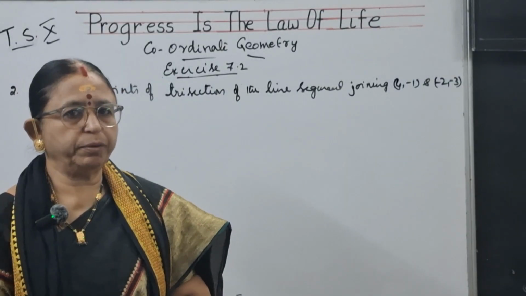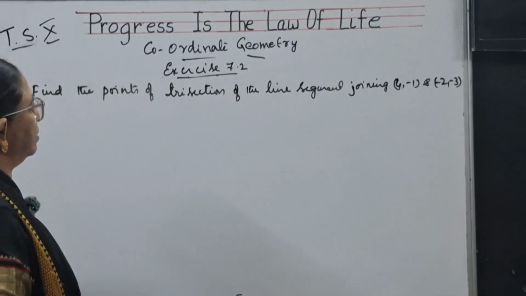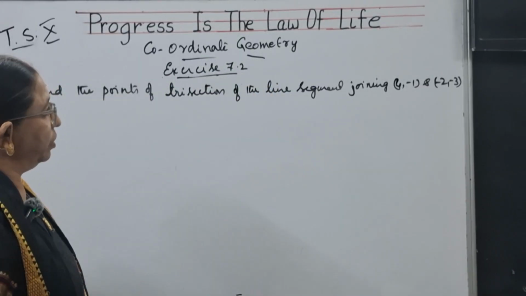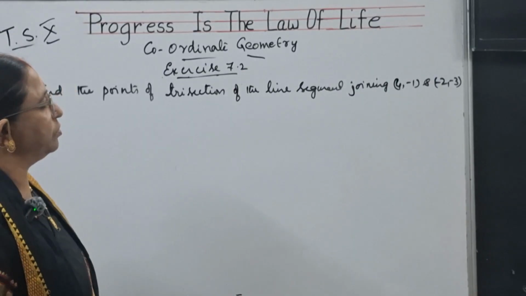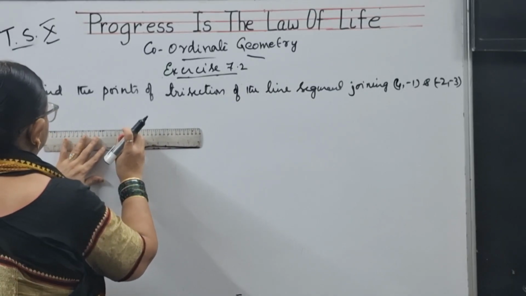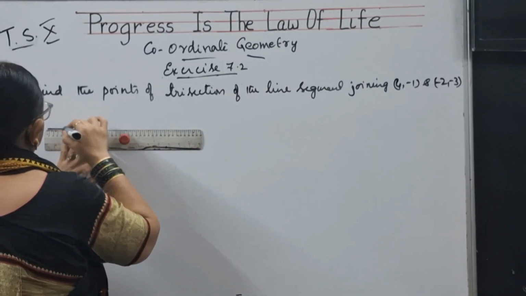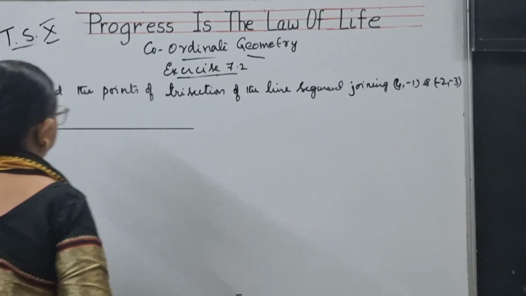Now the second problem is, find the points of trisection of a line segment joining the points 4 comma -1 and -2 comma -3. So let us draw the diagram. I have already done so many examples and sums for this, children.